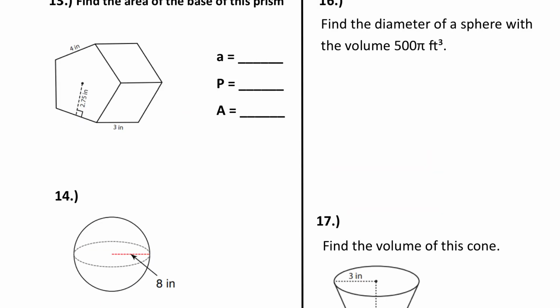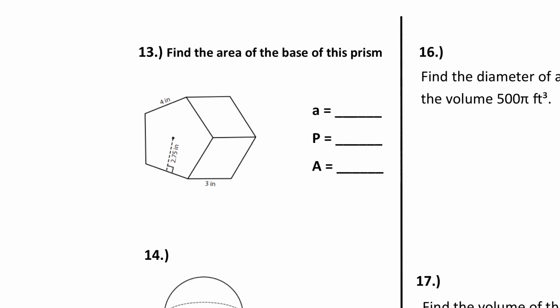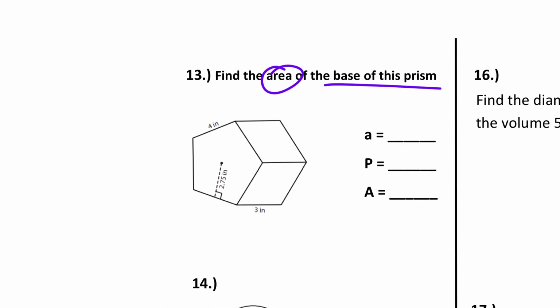Okay, on the very back page, on this one it just says find the area of the base. That's all you're doing. So this is a pentagonal prism looking for the area of the pentagon. So first of all, what does the lowercase a stand for here? Apothem. How long is the apothem? 2.75. Okay, P stands for the perimeter of the base.